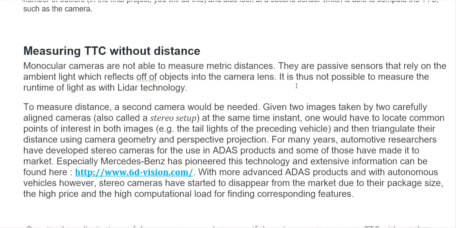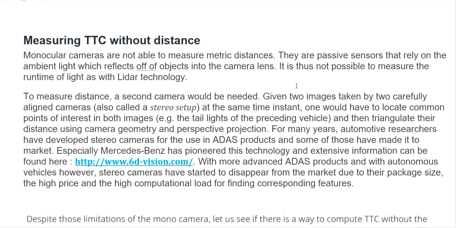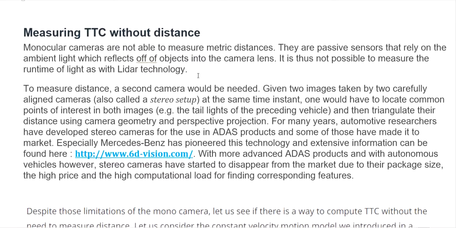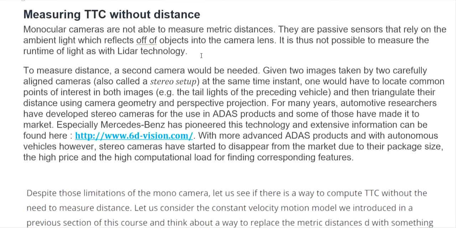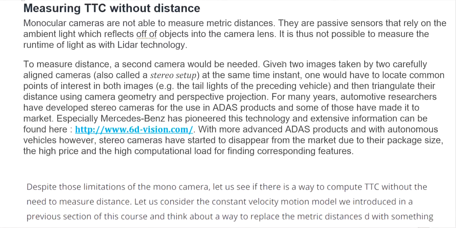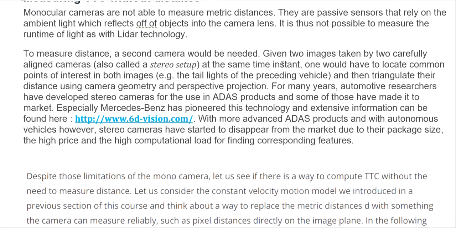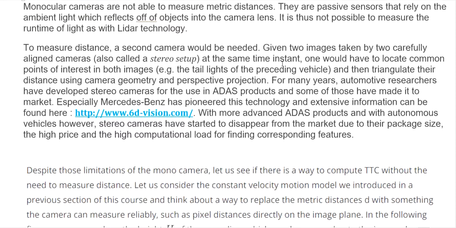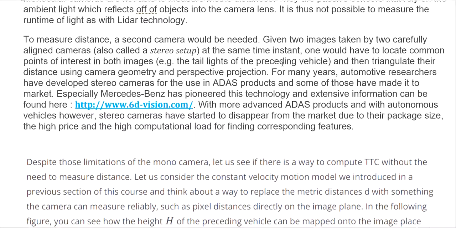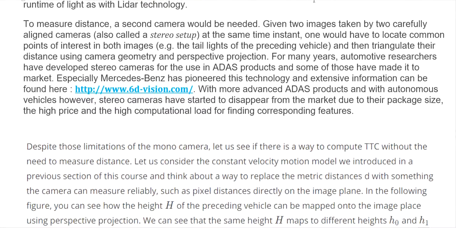And there is a different way of measuring the time to collision without the distance: we use the camera. Monocular cameras are not able to measure the metric distance, right? They are passive sensors that rely on ambient light reflected off the object into the camera lens. So it is not possible to measure the runtime of light as with LiDAR technology. To measure distance, a second camera would be needed.